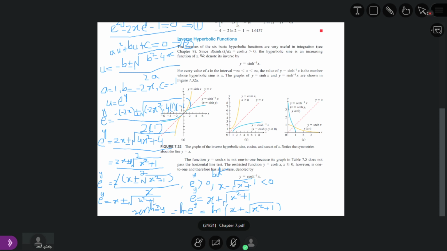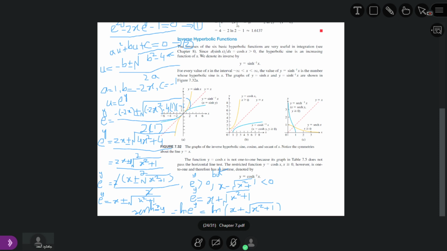Now if we observe and compare both sides, the left side is positive, because e power y, for any y, gives a positive value. But on the right side we have x minus square root of x square plus 1. Whenever we put any value for x, suppose I put 2, we get 2 minus square root of 4 plus 1, which is square root of 5.